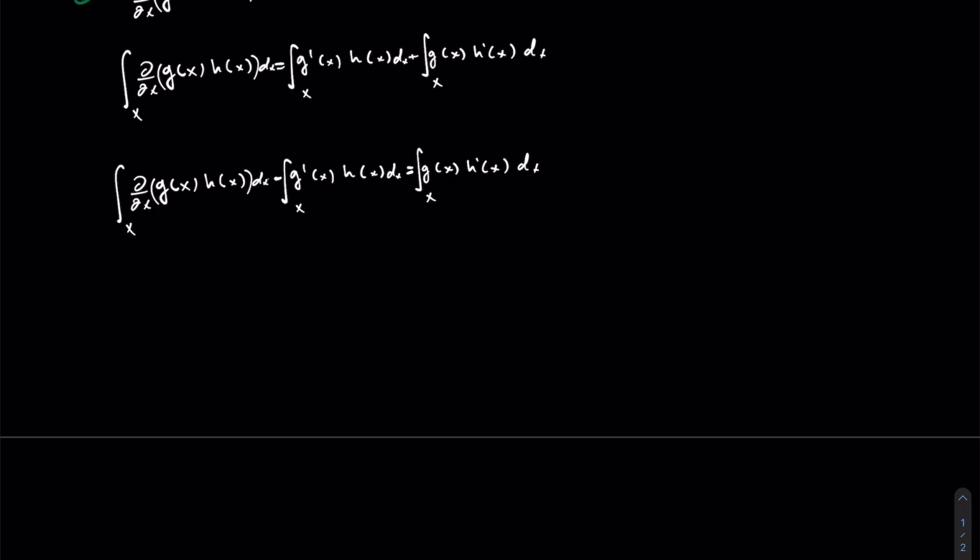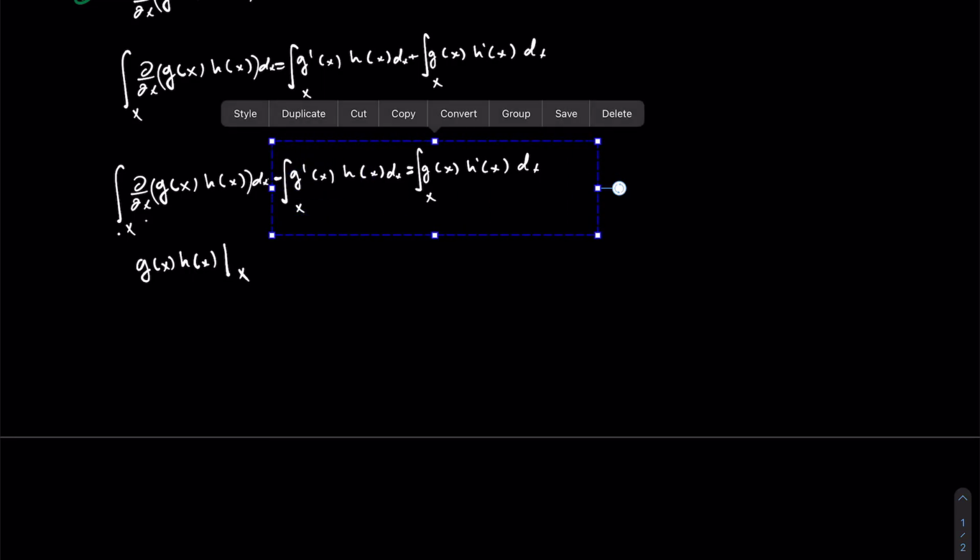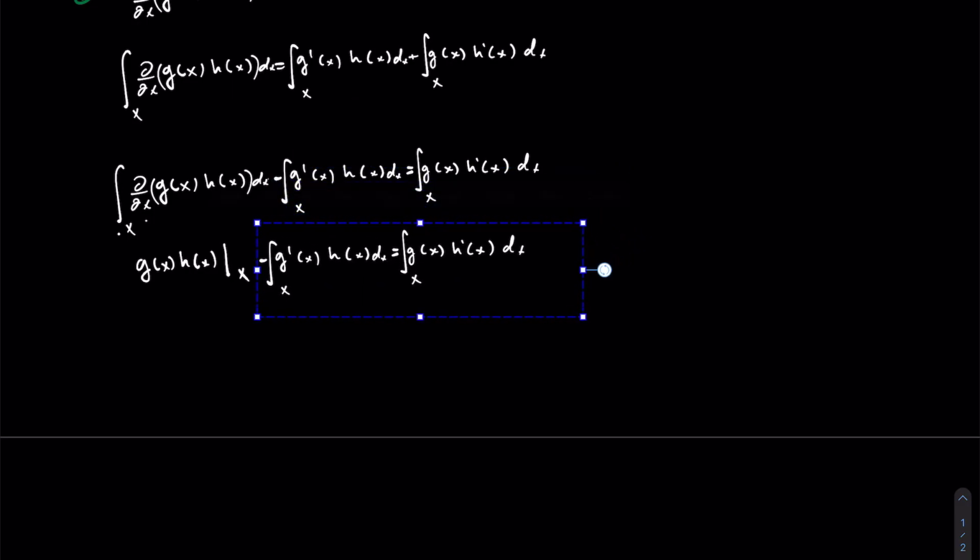Okay, we're almost done. And because we have taken the derivative and then the antiderivative, we end up just having to evaluate this over x, and the rest is whatever remains. So this becomes now as simplified as possible.